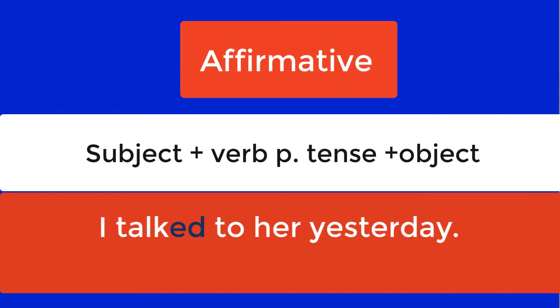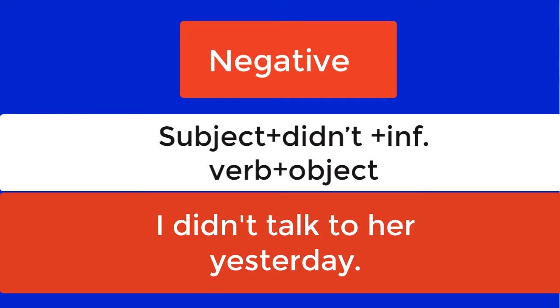Now let's see the structure of the simple past tense for regular and irregular verbs. Affirmative, subject plus verb plus object. Example, I talked to her yesterday. Negative, subject plus didn't plus infinitive of the verb without to plus object.